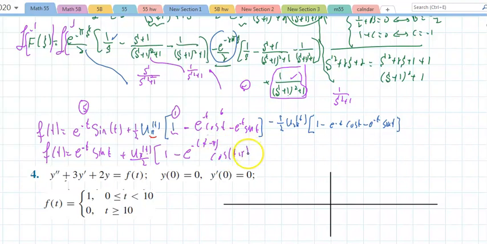Cosine of t minus pi minus e to the negative t minus pi sine of t minus pi. And this right here is minus u of 2 pi of t over 2. And shifting a constant again stays the same, e to the negative t minus 2 pi in this case.